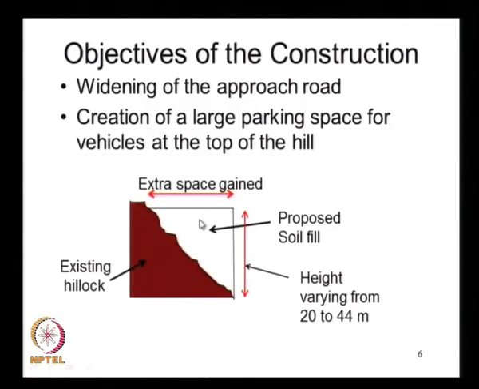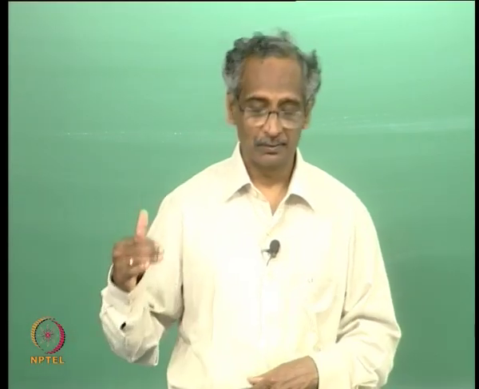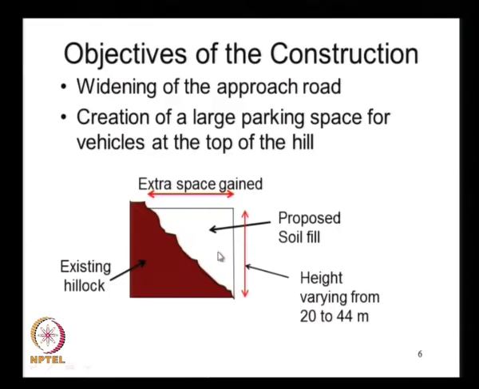And of course the other material that we can think of is the pond ash or the fly ash, but there is not much of an experience in using pond ash for this height of construction. So, here at this particular place it is proposed to form this soil fill, so that we can gain this space, and the approximate height varies anywhere from about 20 meters to 45 meters.